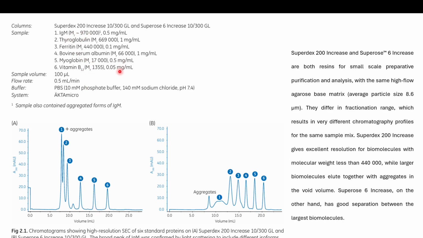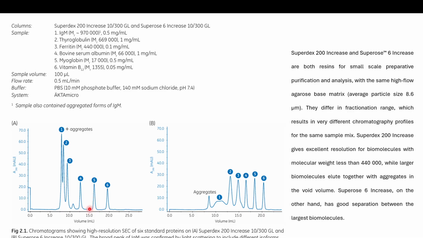Now suppose your protein of interest that you are purifying has a molecular weight of around 20 kilodalton. You can understand that your 20 kilodalton protein should lie in this range, between peaks 4 and 5, where the fourth is 66 kilodalton and the fifth peak corresponds to a protein of 17 kilodalton. Your protein is 20 kilodalton, so it should ideally elute before the 17 kilodalton molecule, right?